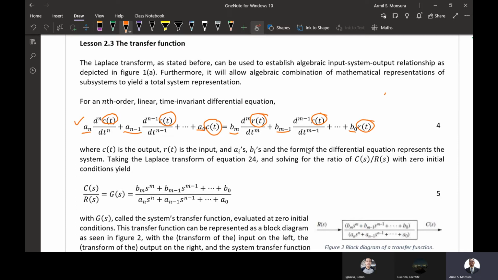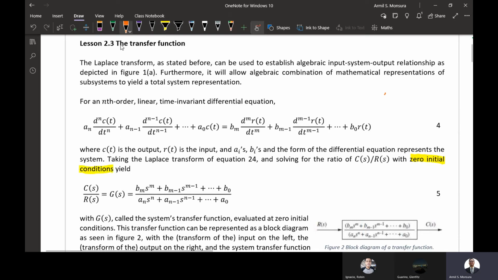Okay? So, now, ang gagawin natin ngayon dito with equation 4 is we will get yung Laplace transform nito. Okay? So, kunin natin yung Laplace transform nung equation 4 ngayon. But remember that when we take the Laplace transform of that, i-consider natin na yung initial conditions natin ay 0. Okay?